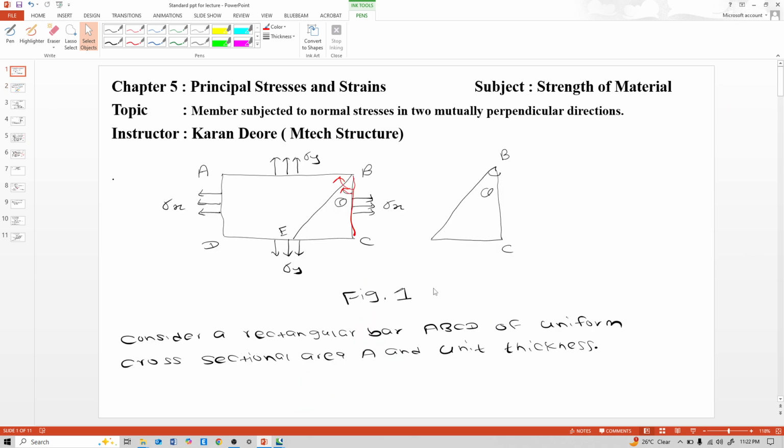So this is the methodology of the derivation, for a member subjected to normal stresses in two mutually perpendicular directions.